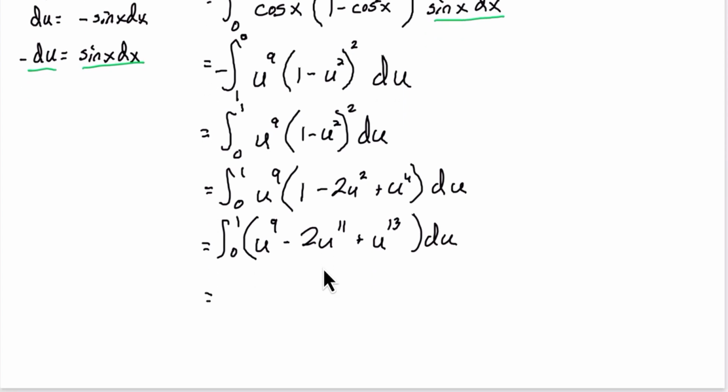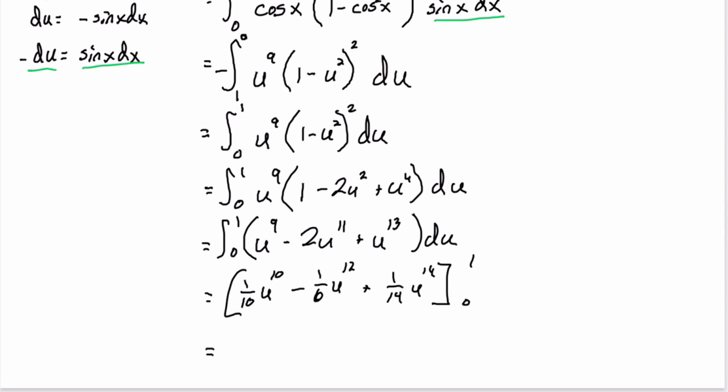Next, we'll integrate. We'll get 1/10 u to the 10th minus 2 divided by 12 is 1/6 u to the 12th plus 1/14 u to the 14th. And we are integrating all of this from 0 to 1.